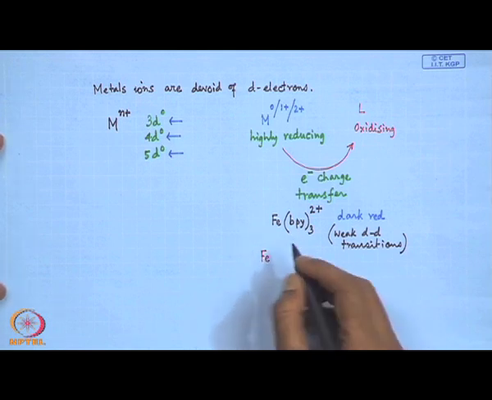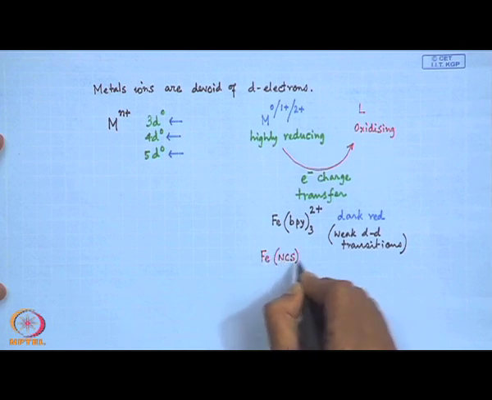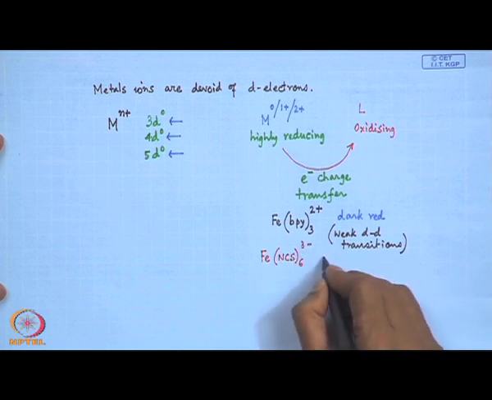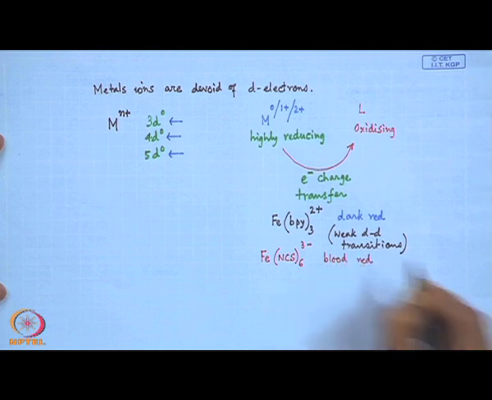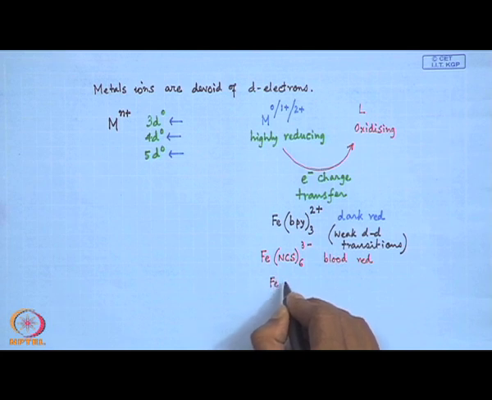Similarly, the detection of iron by thiocyanate anion giving rise to a blood red coloration due to the formation of the corresponding species, where this particular charge transfer can take place.